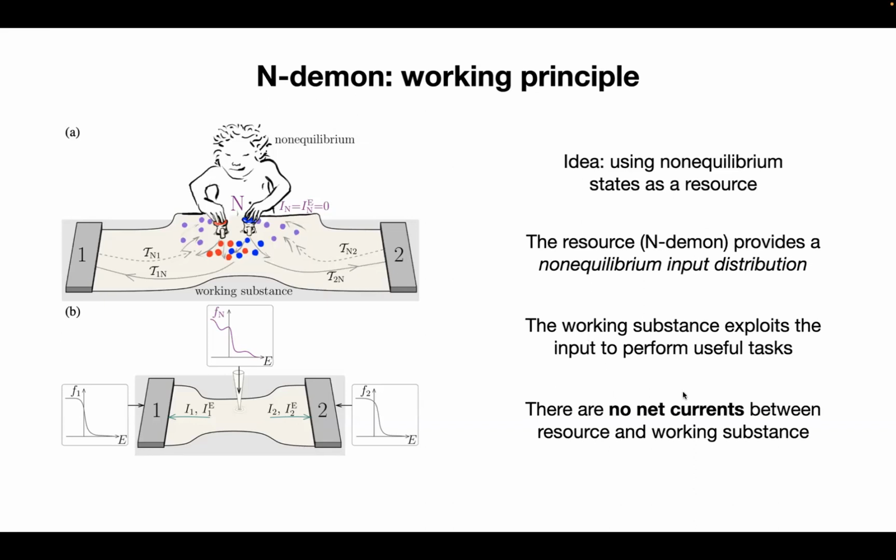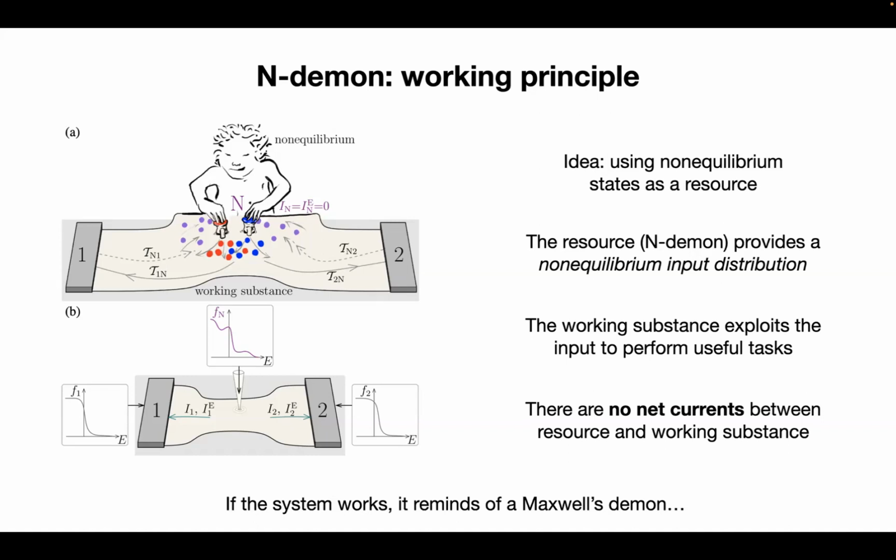And we also impose that there are no net currents. Why so? Well, because then if there are no particle or energy currents between the end part and the working substance, then it kind of reminds in a sense of a daemon, because you have no input, no work done on the system, and still you can produce something useful.